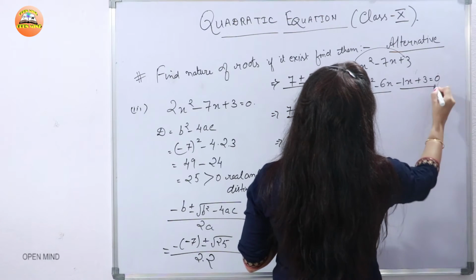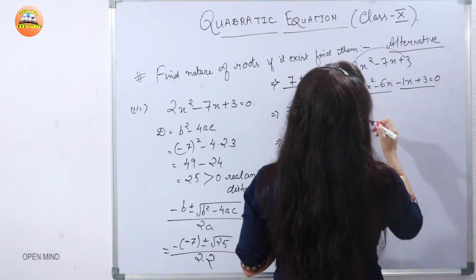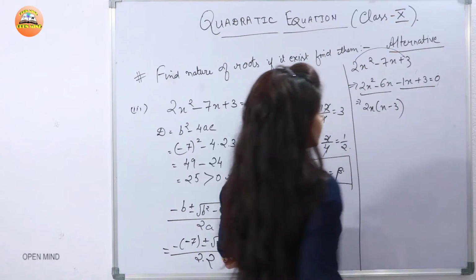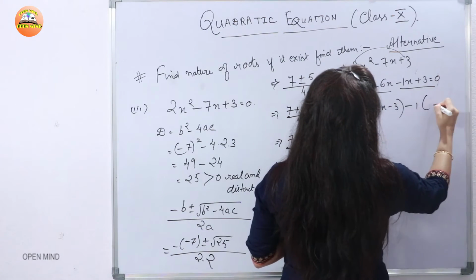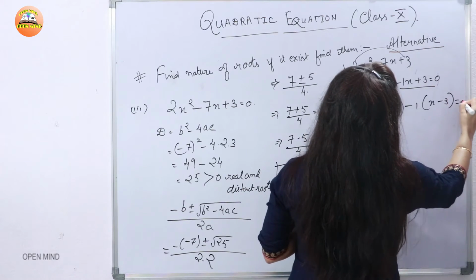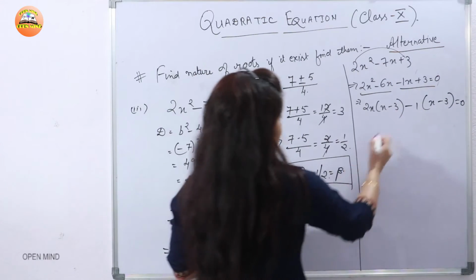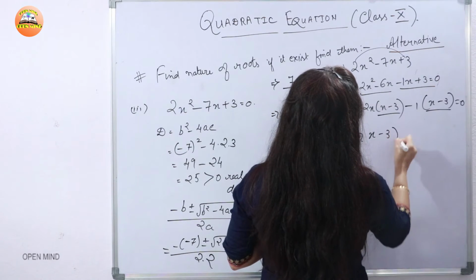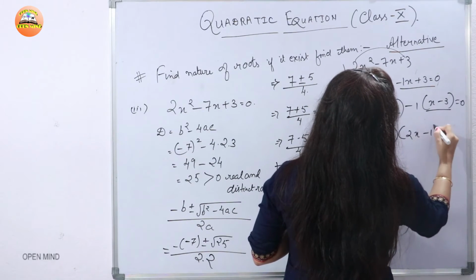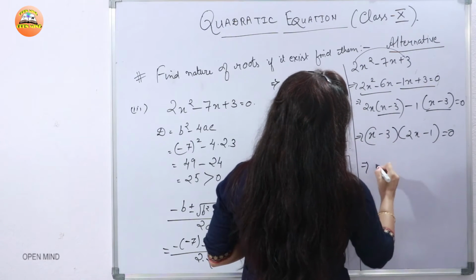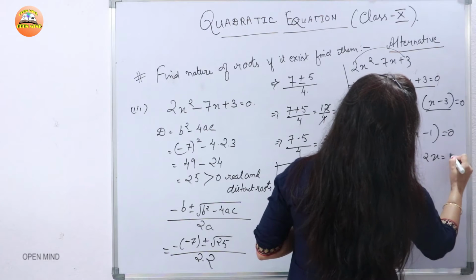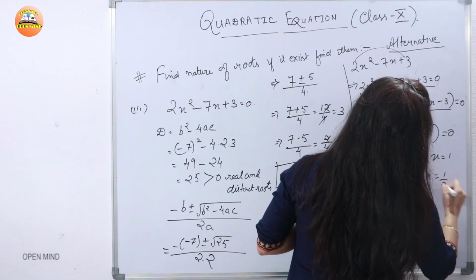Now we will take out common from these two and these two terms. So if you take out common, we get 2x. Inside will be x minus 3 inside the bracket, and here we take minus 1 common. Again minus 3 is inside the bracket. Now this is 2 times. We have to write down only 1 time, x minus 3, and 2x minus 1 is equal to 0. x is equal to 3 from here, and 2x is equal to 1, so x is equal to half.